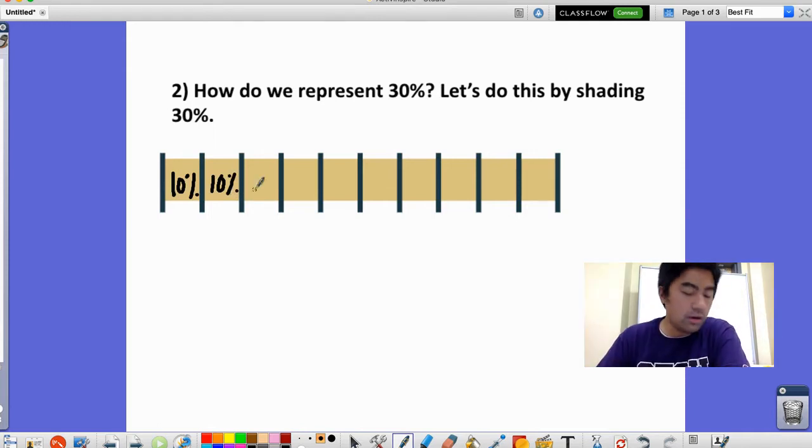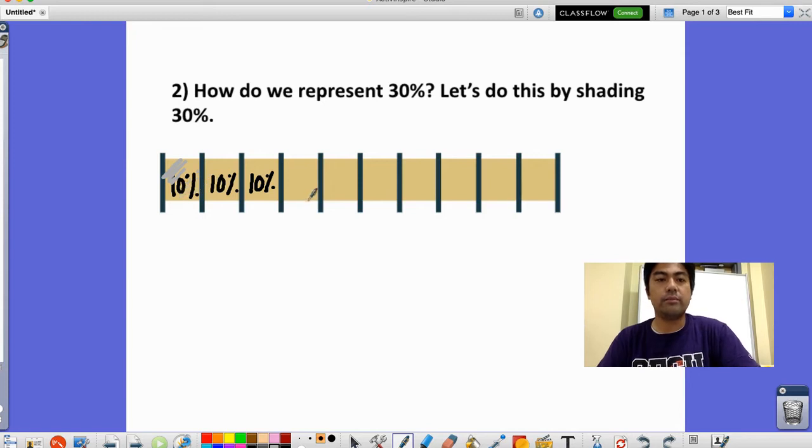So all we have to do is this: we have 10%, this is 20%, and all of these three together is 30%. Then we would go ahead and shade this part. If you have a pencil, you can just slightly shade it like this.